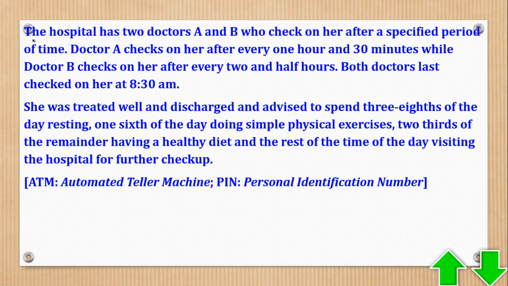So the hospital has 2 doctors, A and B, who check on her after a specified period of time. Dr. A checks on her after every, know that word, after every 1 hour and 30 minutes, while Dr. B checks on her after every 2.5 hours.